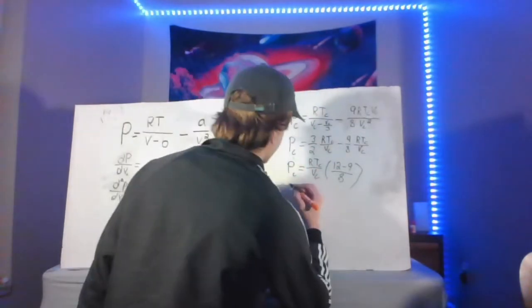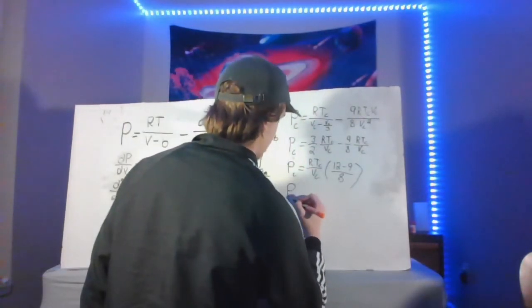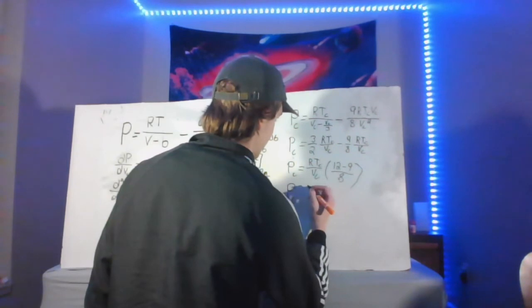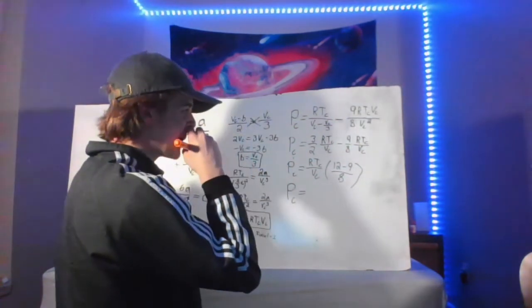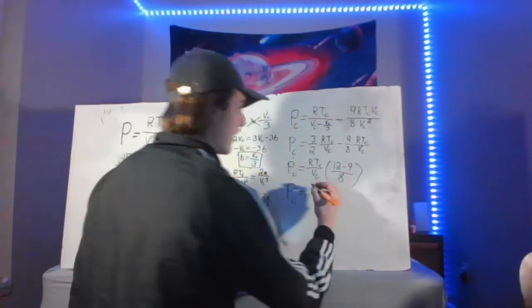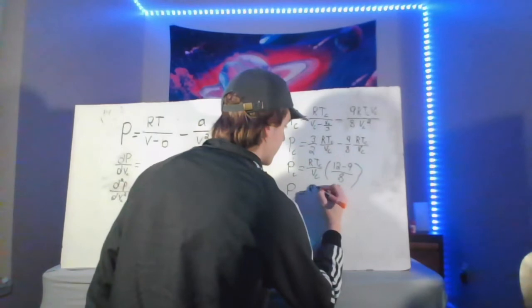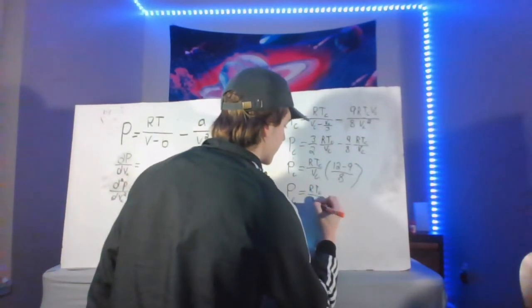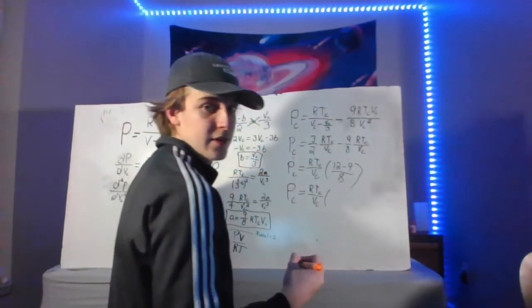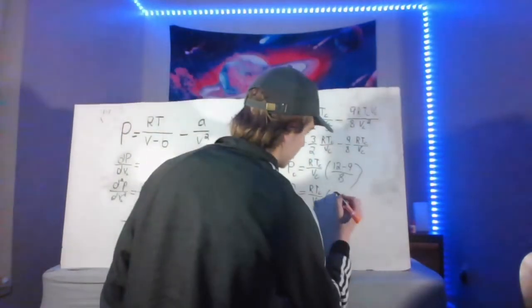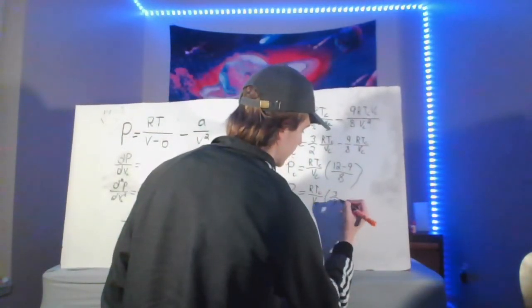So this can be simplified to pressure equals R times critical temperature over the critical volume times 3/8.